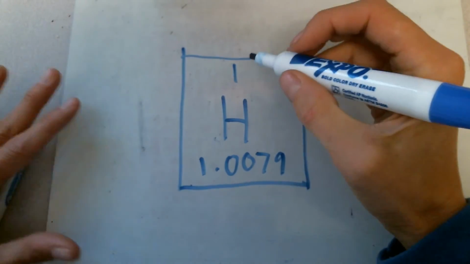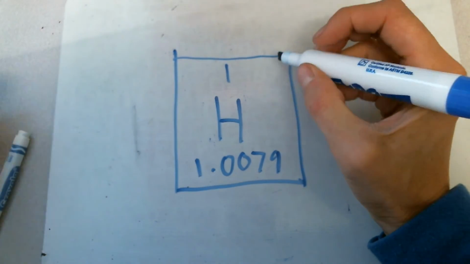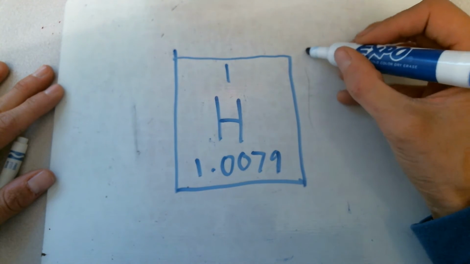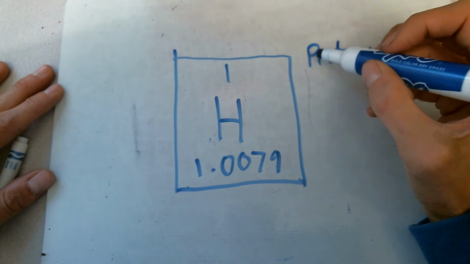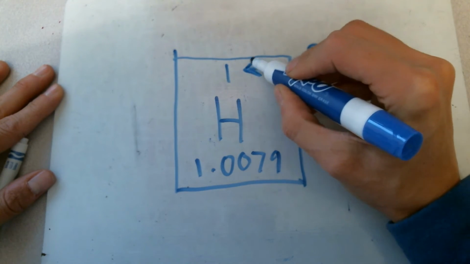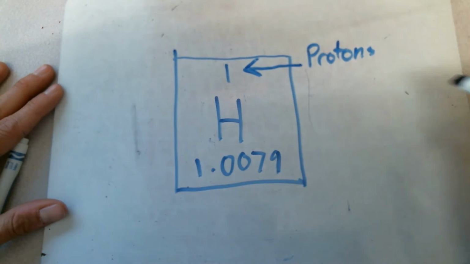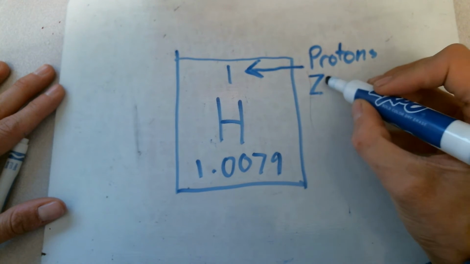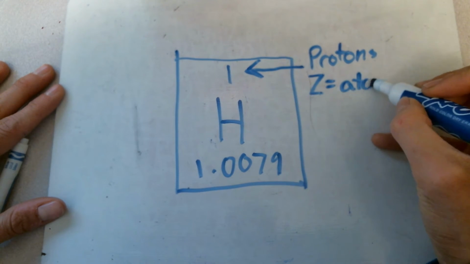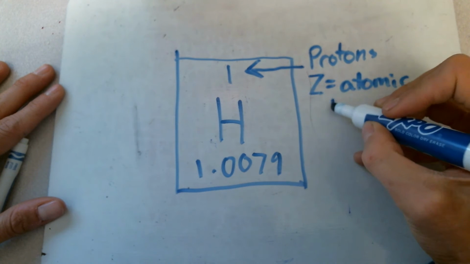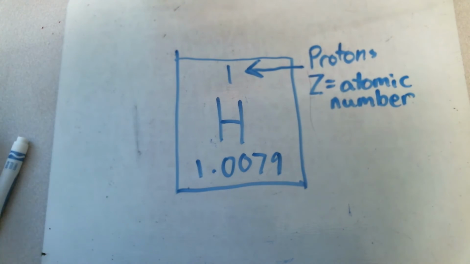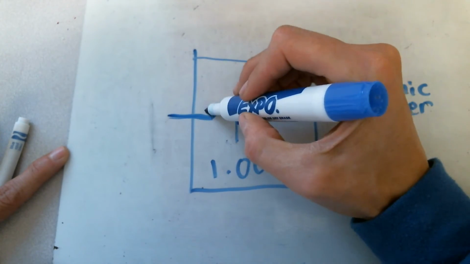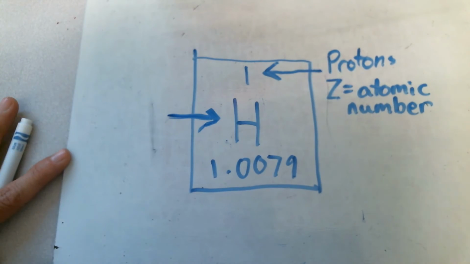So we define the atom by the number of protons, okay? The number of protons is important, and this top number tells us the number of protons. We refer to this as Z, which equals the atomic number. It tells us how many protons are in the atom. Right here in the middle, this is our atomic symbol.